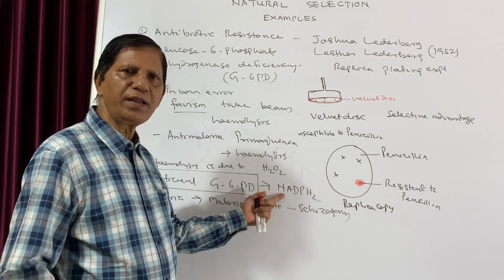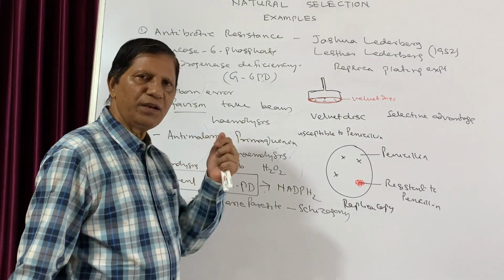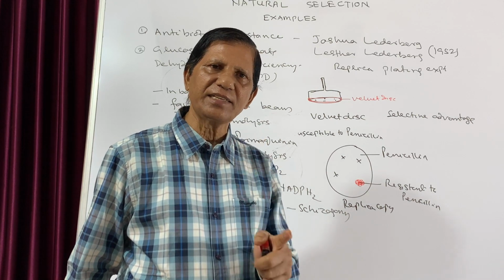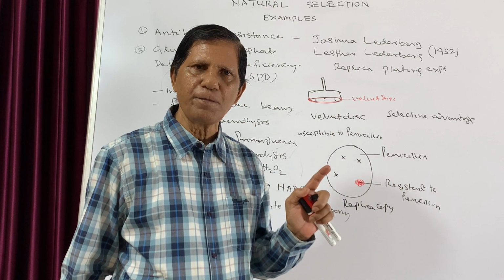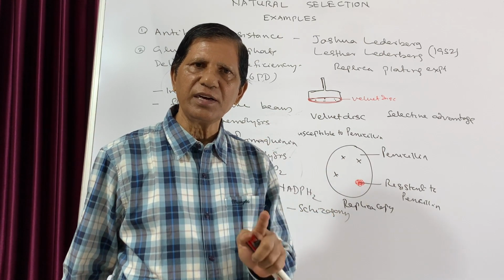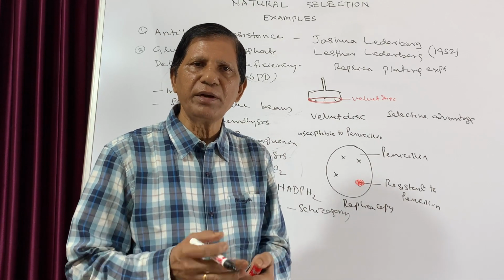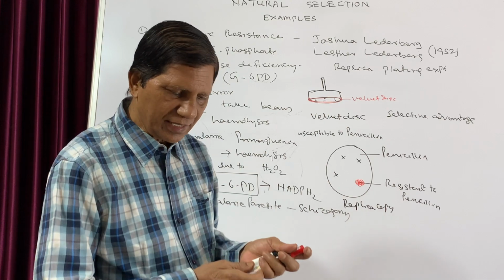So even if this is an inborn error, nature has selected them. Nature has not completely eliminated such persons because they are resistant to malaria. So this is how nature has selected it depending upon the condition. So these are the two examples of natural selection.